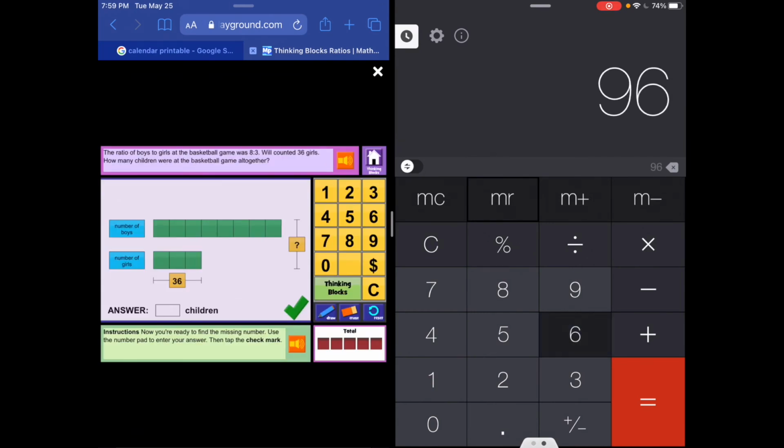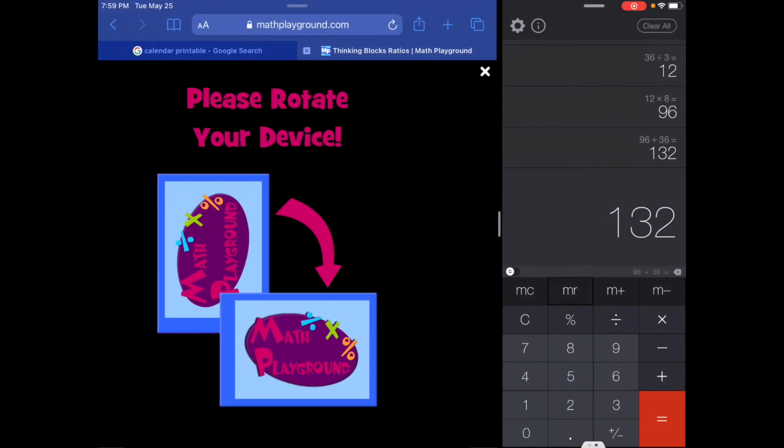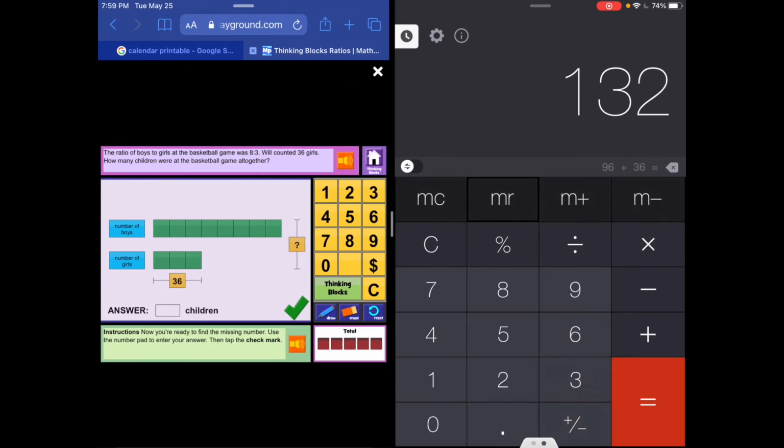Okay, 96 plus 36. Look at that, I lost it again. Right, and we get 132. Man. All right, it was 132. Grab this drawer again. That was 96 plus 36, 132.